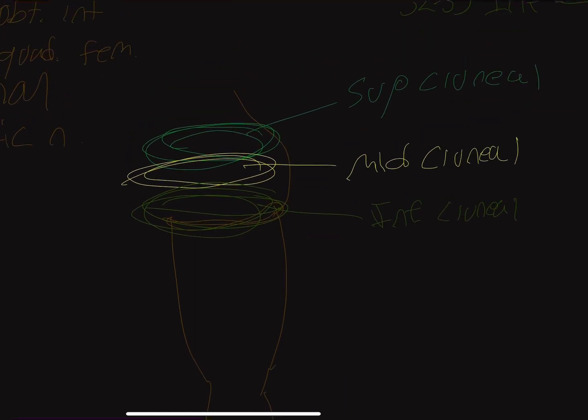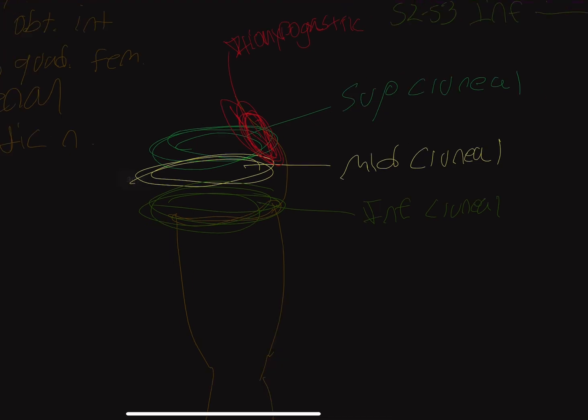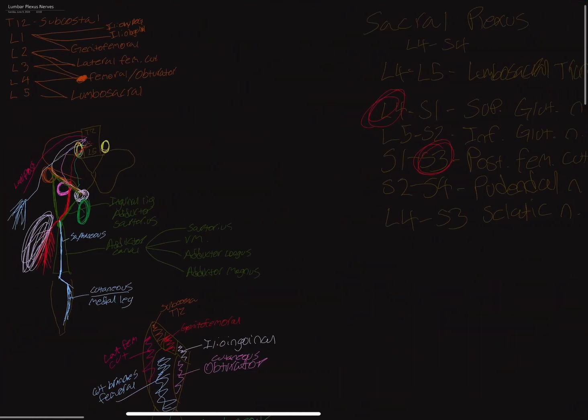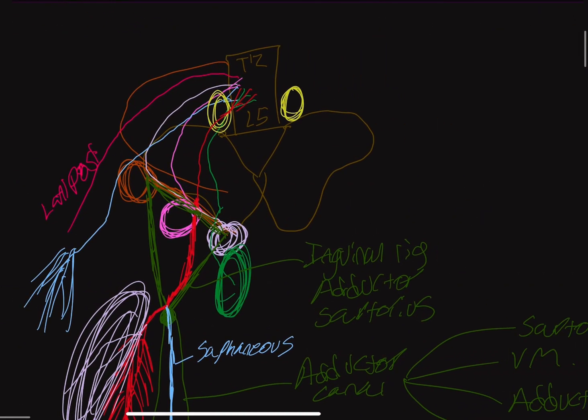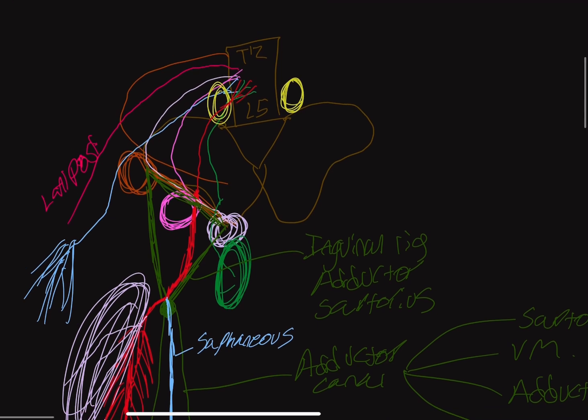And so we got to remember too that this part right here, well, let's use a different color. Let's do red. This top part, and it's a little piece, that is going to be your iliohypogastric. And if you remember from the previous video I made, right, we come all the way over here, this guy right here.